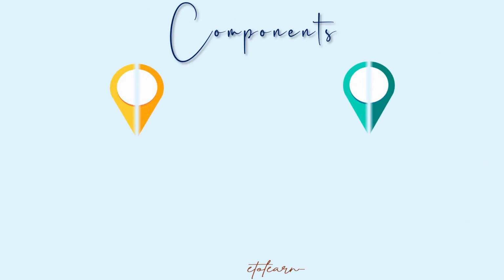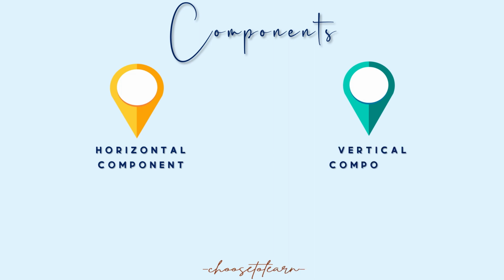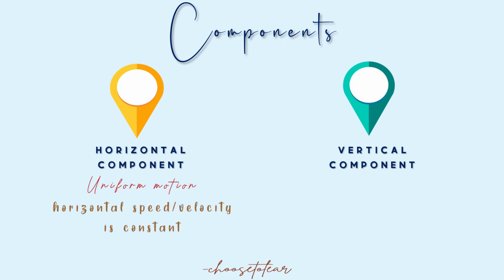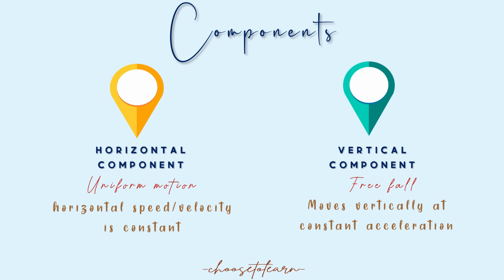We've also emphasized that the horizontal component and vertical component of a projectile are independent from each other. Thus, we are to evaluate the motion in each component separately. When we say independent to one another, it simply means that changing one component does not affect the other.